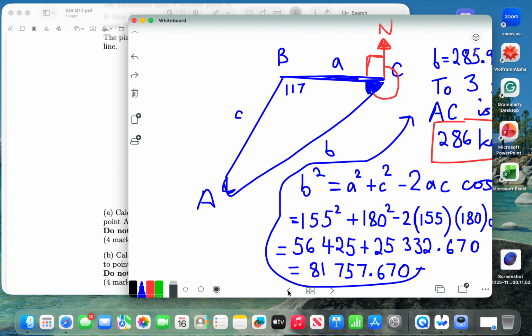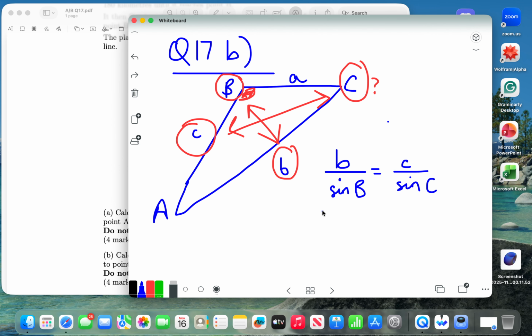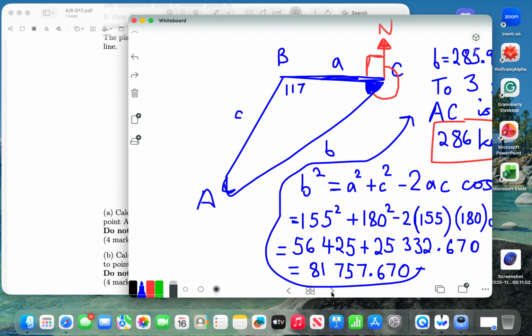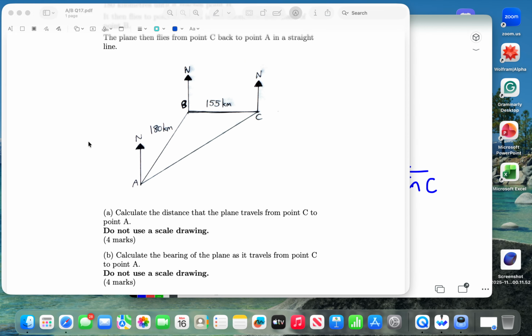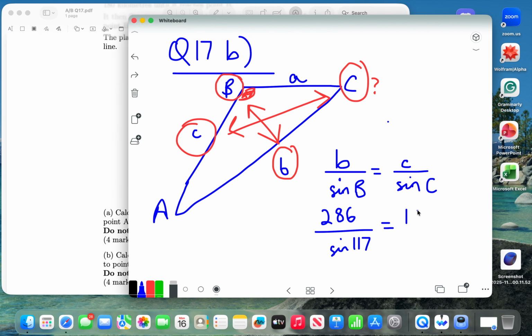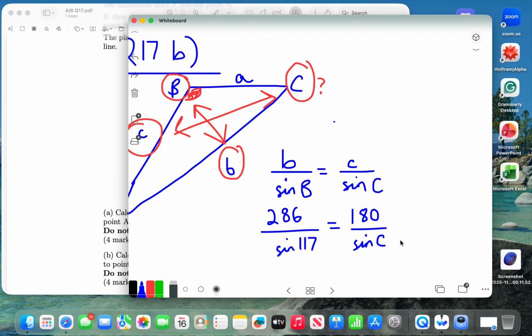So the value of b would be 286 over the sine of 117, which is equal to c, which is 180, divided by the sine of C. We will now have to do some rearranging to get sine of C on its own.